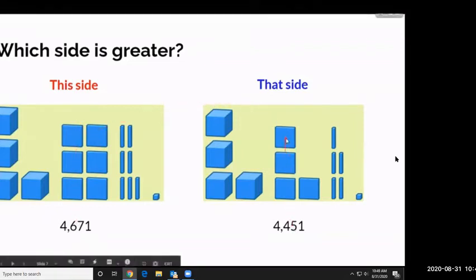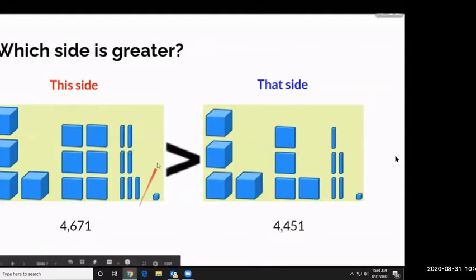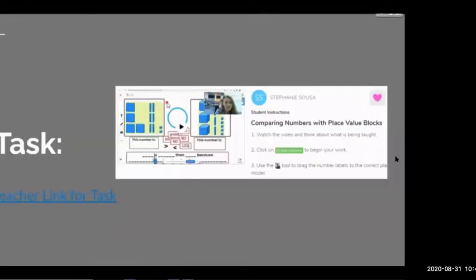That number has 4 of them. 6 is greater, larger, bigger than 4. So 4,671 is greater than 4,451 because the hundreds place has a higher value on this side.